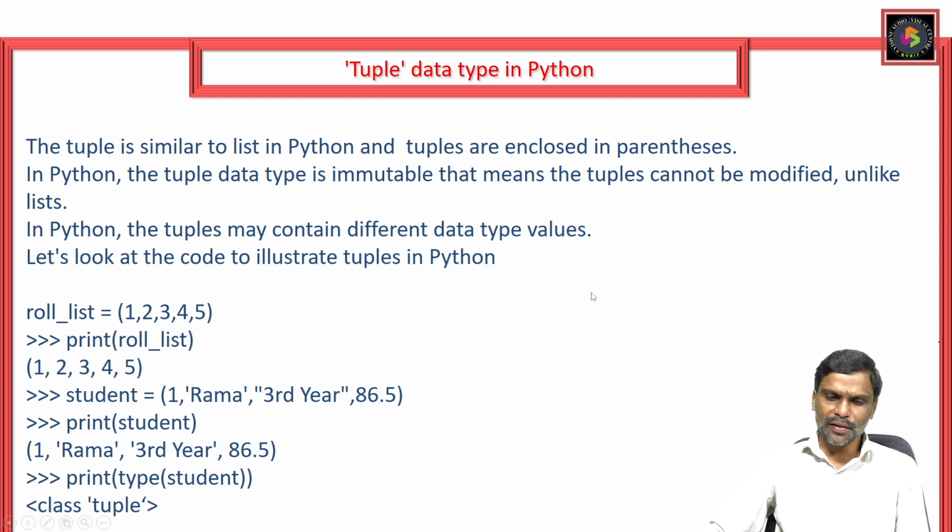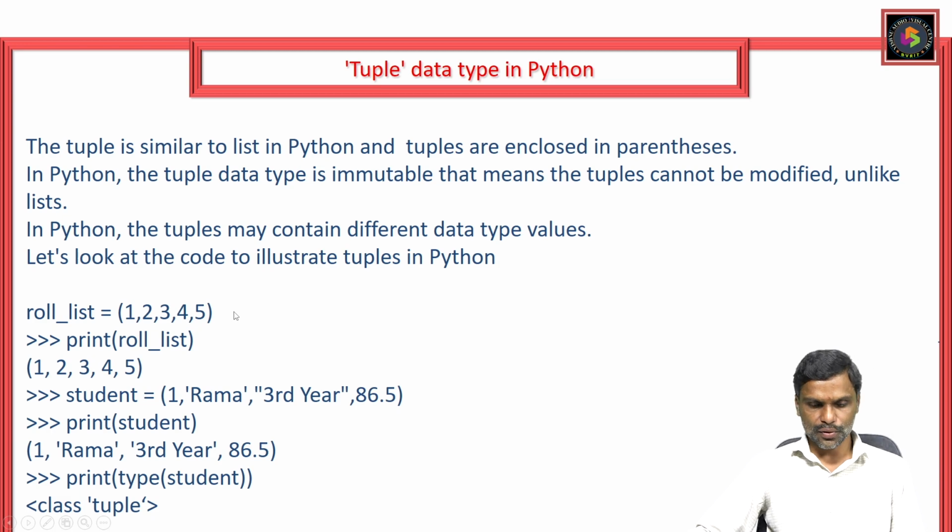What is the difference between the previous list and this one? In the list we represented it only in square brackets. Here tuples we are representing in parentheses. Type of student in this case is tuple. In the previous list we enclosed with square brackets, and the type of student is list, which we got as the output.